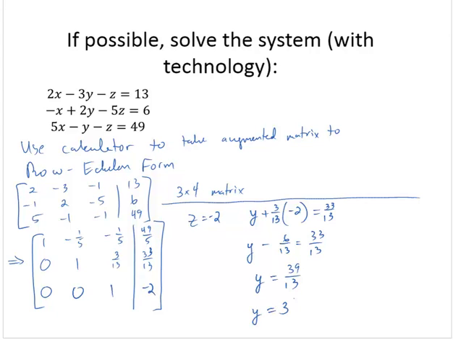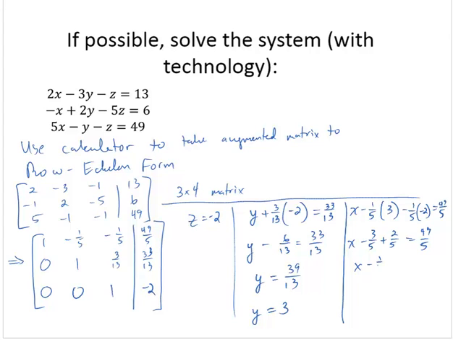And we see that x minus 1/5 of y, so minus 1/5 of 3, minus 1/5 of z, so that's -2, is 49/5. X minus 3/5 plus 2/5 is 49/5.